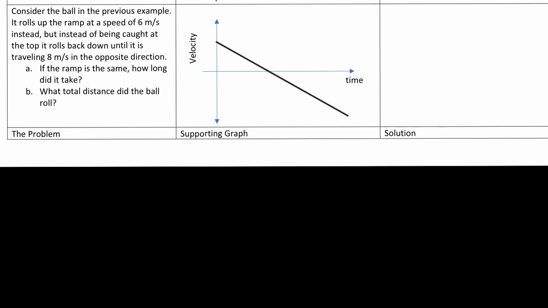Is it the same ramp as before? It says, consider the ball in the previous example. It rolls up the ramp. I think we can assume it's the same ramp. This is important because that means I can probably keep the fact that the acceleration was negative 2 meters per second squared.